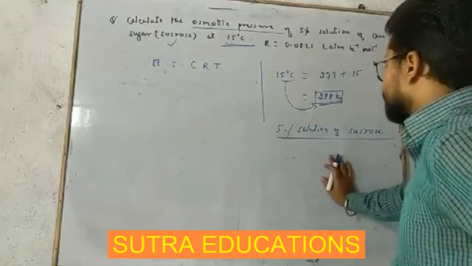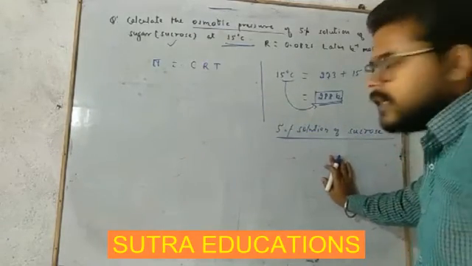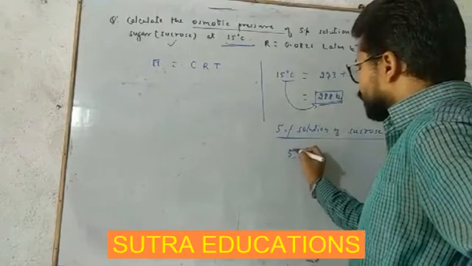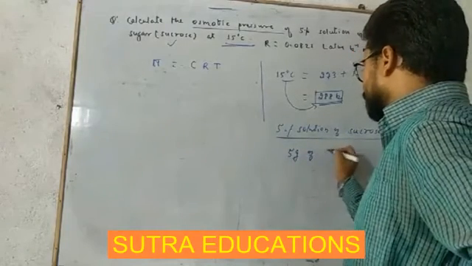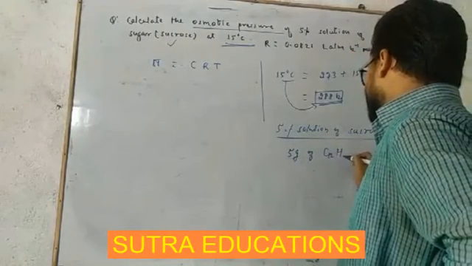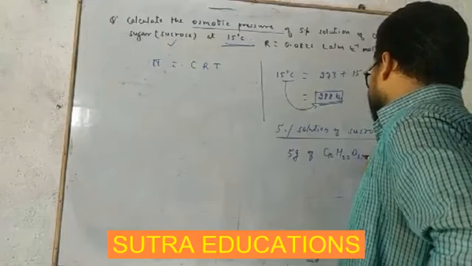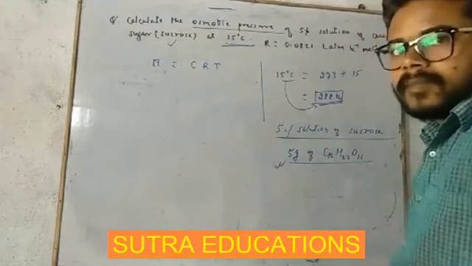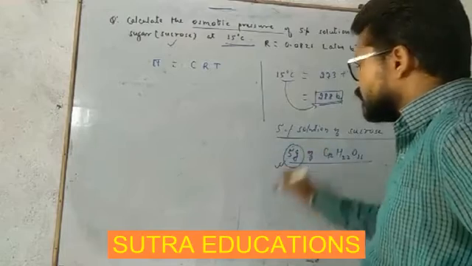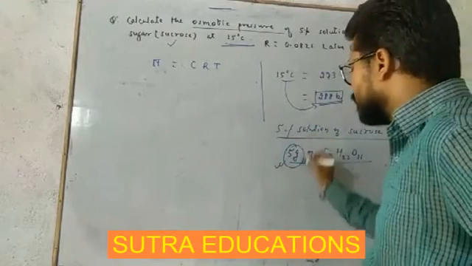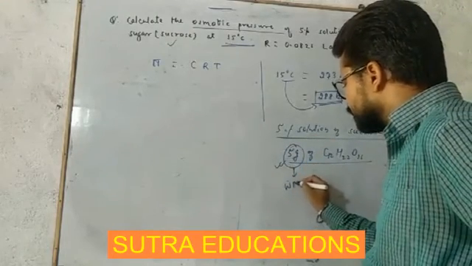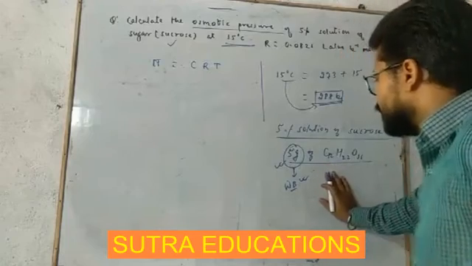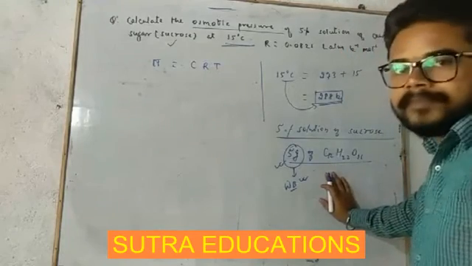So 5% solution of sucrose means 5 gram of C12H22O11 is there. This is the mass of solute, WB. So WB is equal to 5 gram.